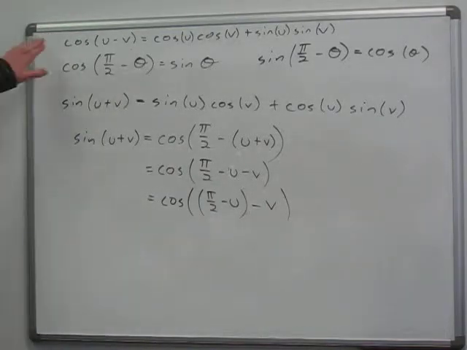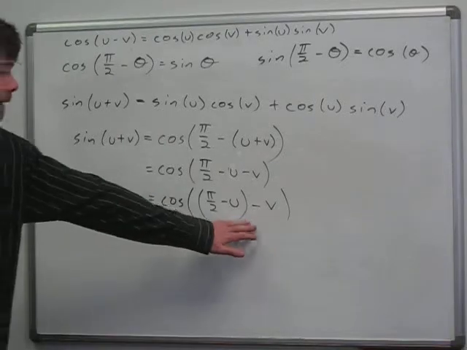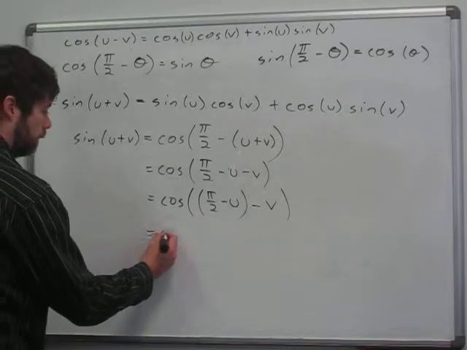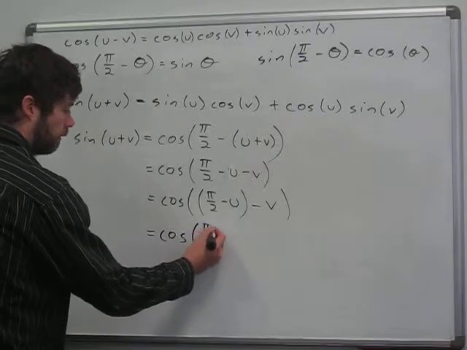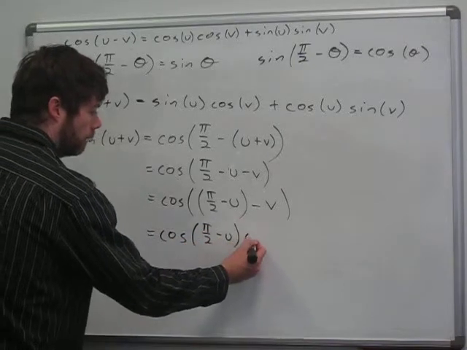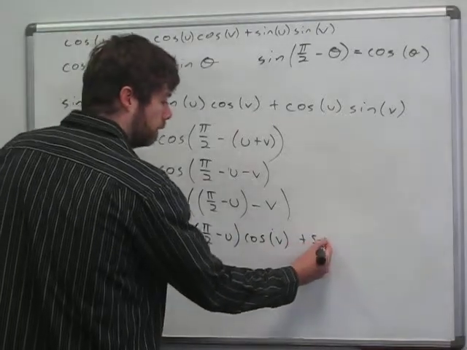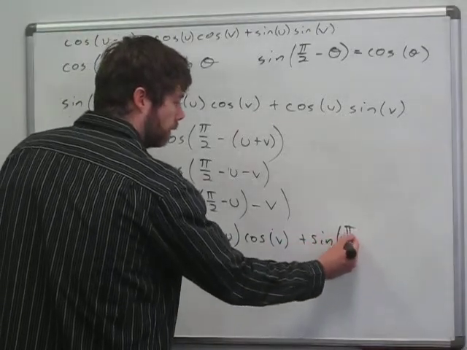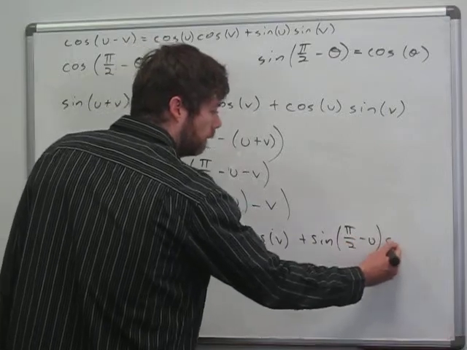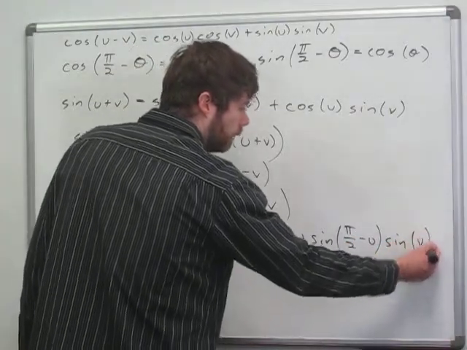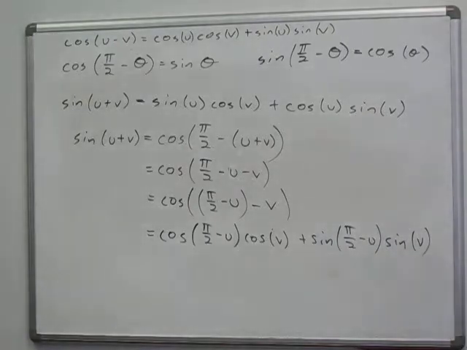So I'm going to go ahead and apply this difference formula to this angle difference here. So this is cosine of pi over 2 minus u cosine v plus the sine of pi over 2 minus u times the sine of v. Okay.